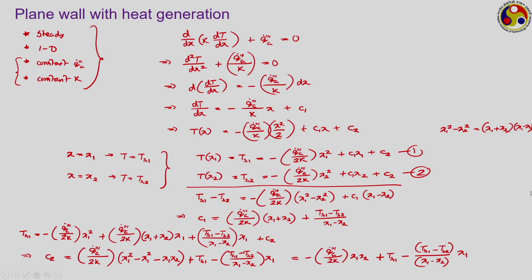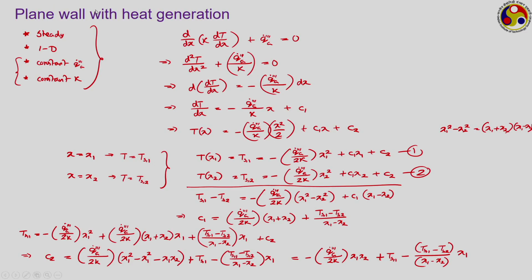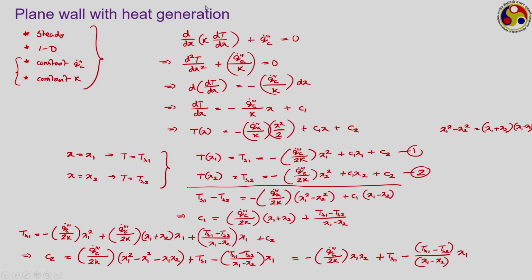Let us try to develop the final equation for T. So, T at x now becomes, or originally it was, I repeatedly have to come back to this slide because these are big expressions. So, it was minus q 0 triple prime upon twice k into x square plus C 1 x plus C 2.